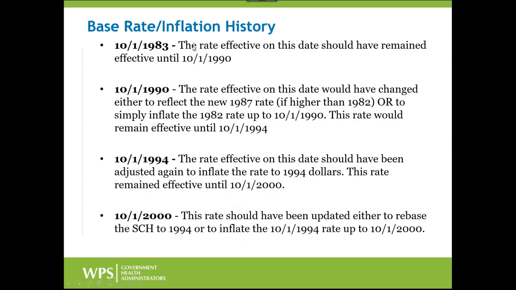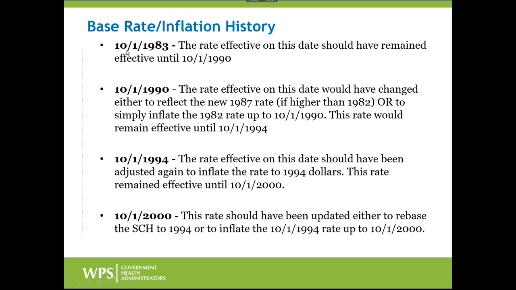Next, I wanted to go through a little bit of a history of the different base rates, not only the rebases that we just talked about from the regulations, but also different periods where CMS required MACs to inflate it forward, kind of catching it up to a certain point and freezing it at that point until the next time.